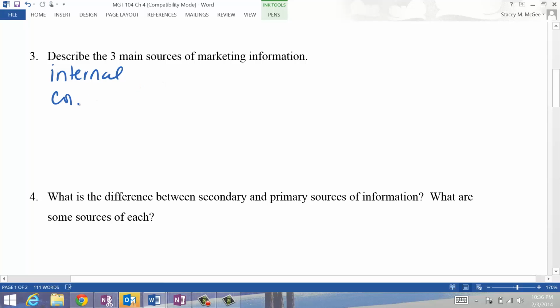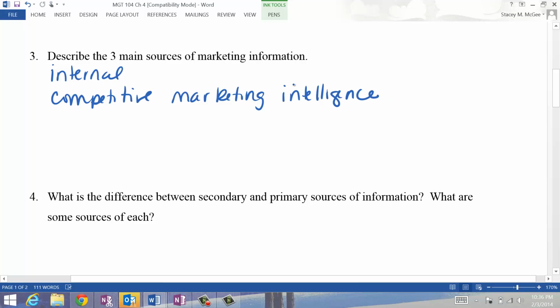There's also what we call competitive marketing intelligence. This is information that we gather outside of our company. This is publicly available information either on our consumers or on our competitors. I might get this from a competitor's website.